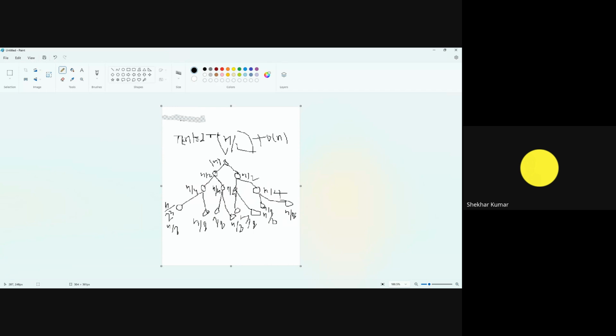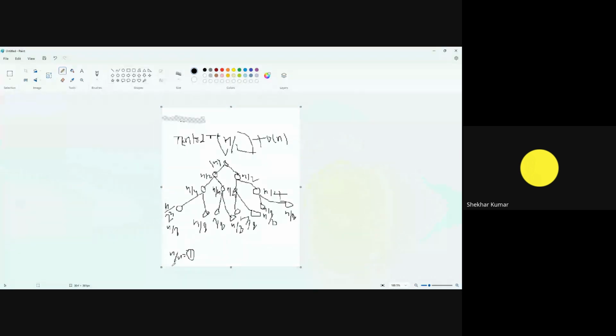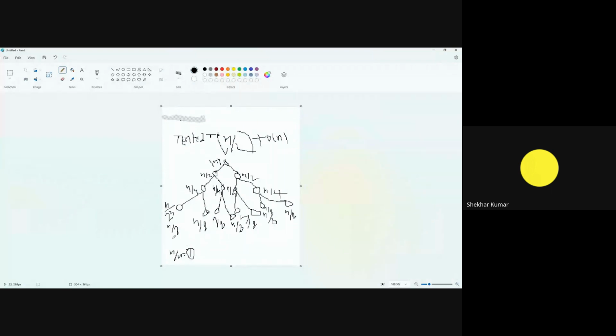This will be divided until it becomes minimum. What will be the minimum? Minimum will be n by n, because the value of n by n equals 1, until it becomes a unit element. It will be divided until then.